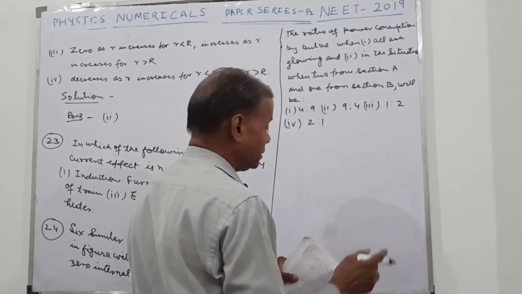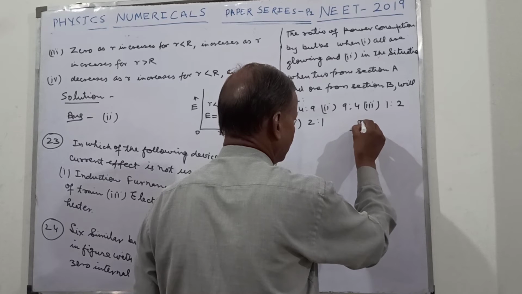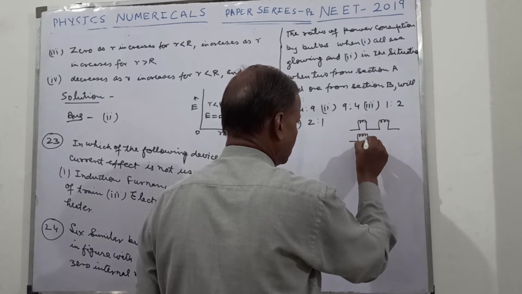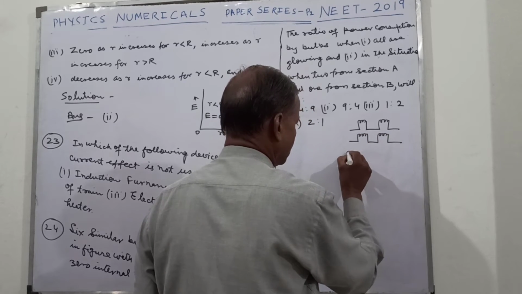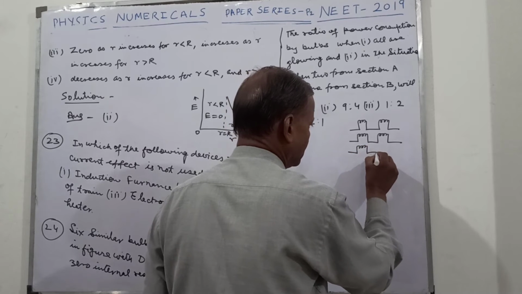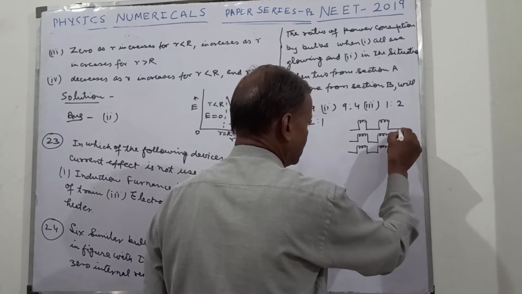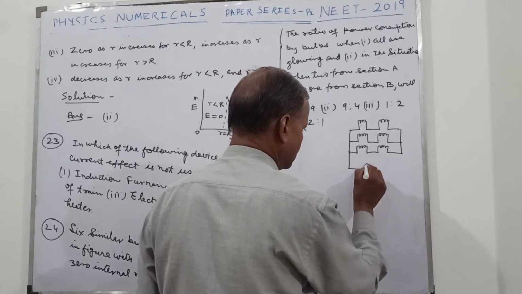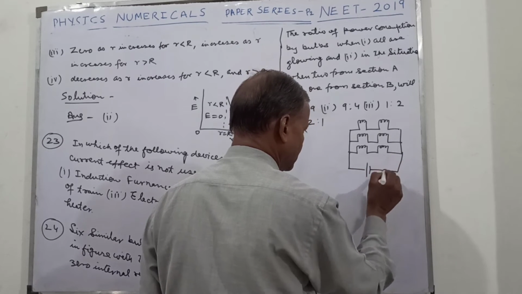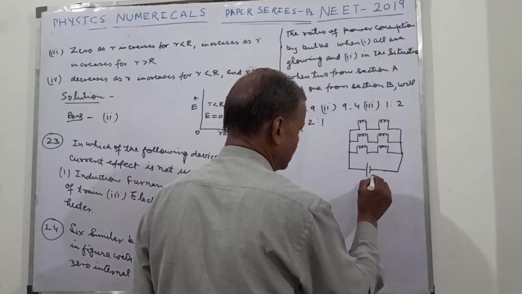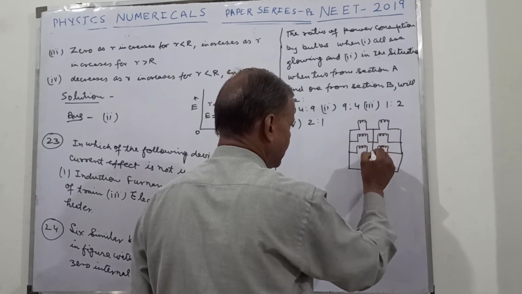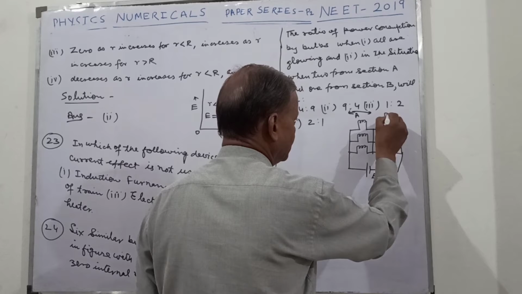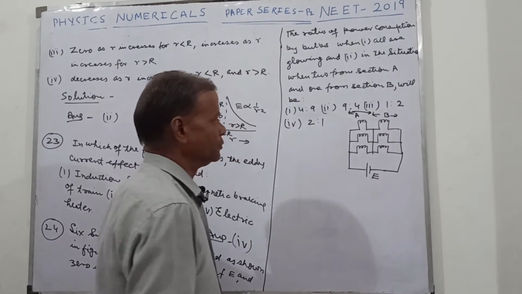Here we are having this is section A, from this to this, and this is section B, from this to this.